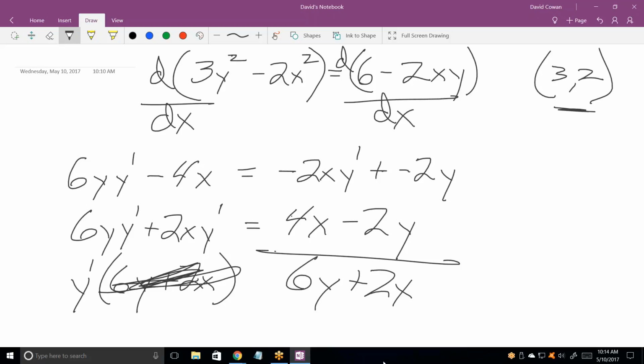We're not used to having derivatives be functions of x and y. We're used to having them be functions of x and evaluating them at a certain x value. I don't even have to give you both points. Had they just given us the x value, we could have figured out what the y value was from this original equation. But they gave us both points, and these problems usually will give you both points.